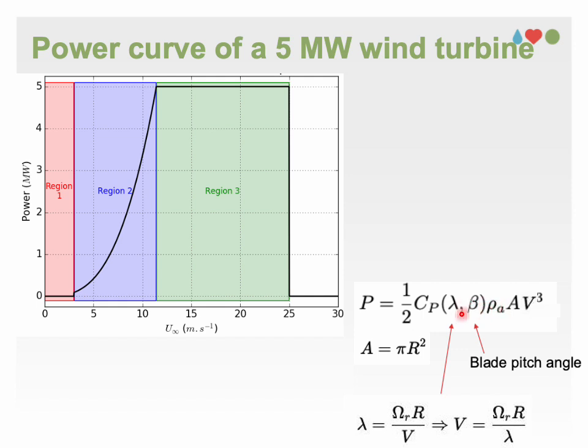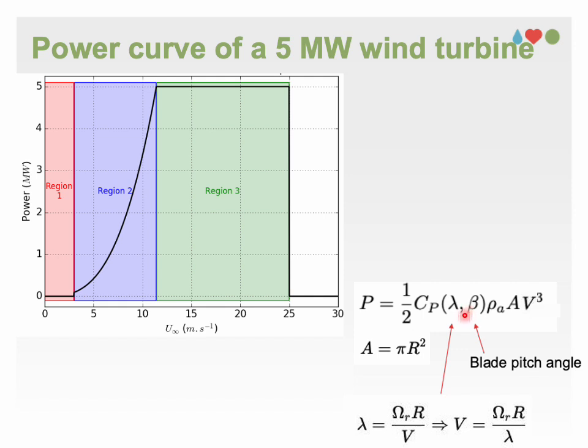For a turbine with radius R, here rho A is air density, V is relative wind, and Cp is the efficiency of the turbine or power coefficient, which is a function of tip speed ratio lambda and blade pitch angle beta.